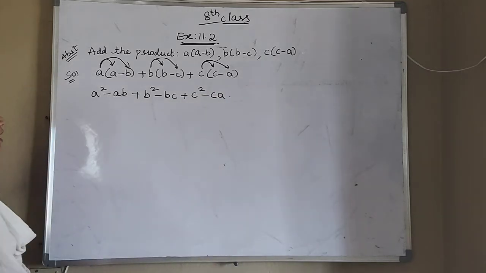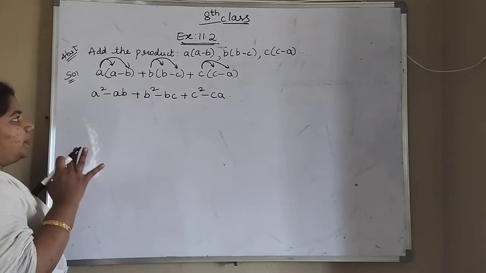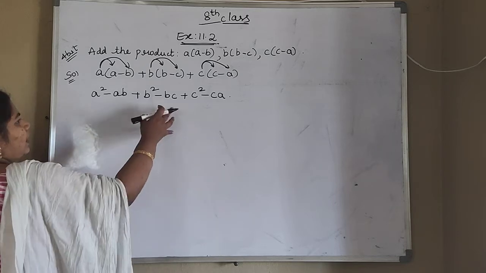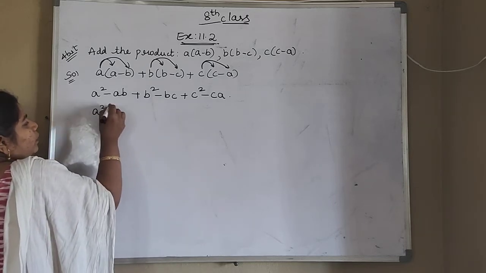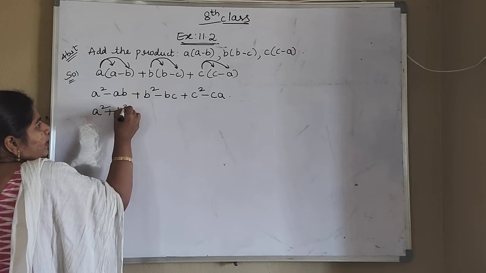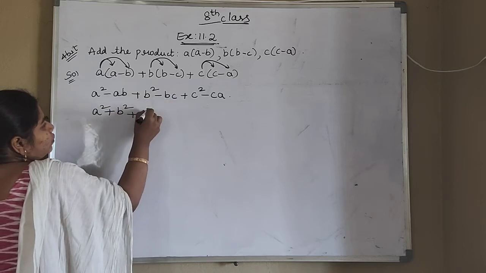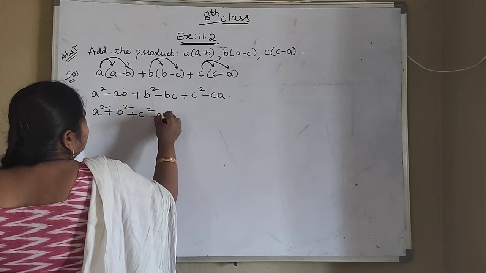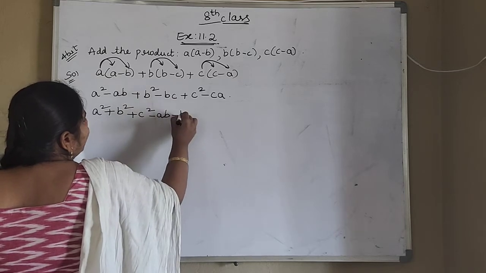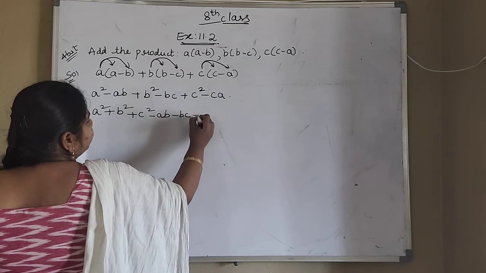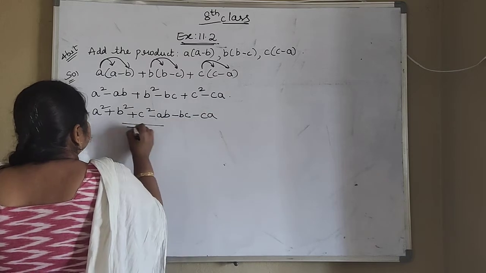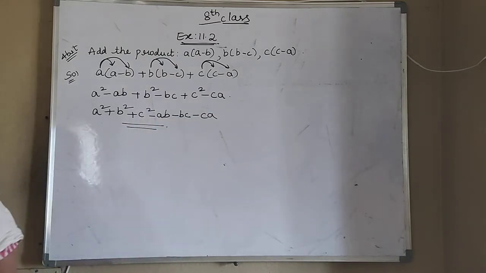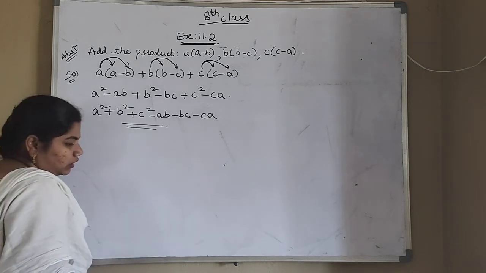If you have any like terms, you can add or leave them as they are. So bring all the a, b, c terms together: a square plus b square plus c square. No ab term is there, so minus ab. No bc term is there, so minus bc. No ca term is there, minus ca. So this is our result. This is our fourth bit.